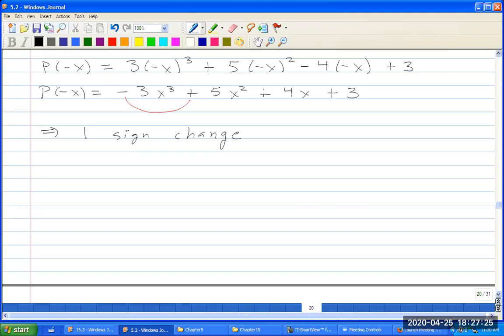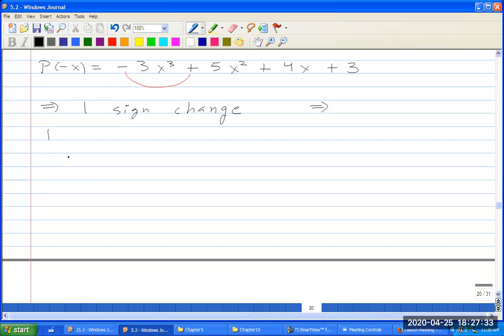That says that there's one negative root. So that's good at least. That gives me a definite number. So there's one negative real root.